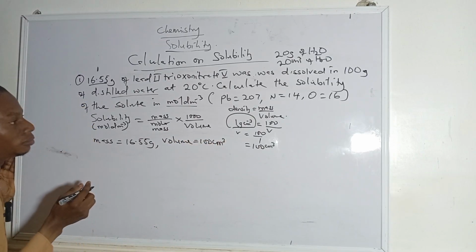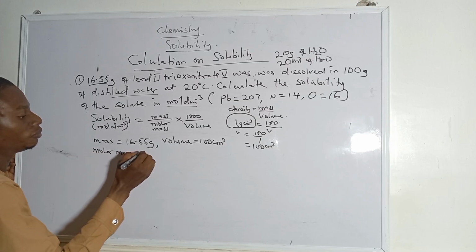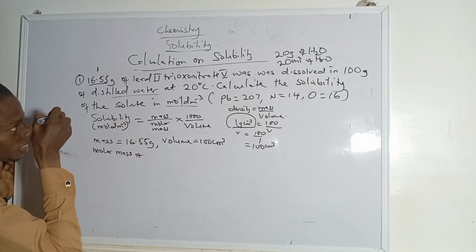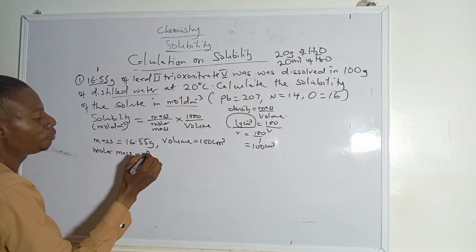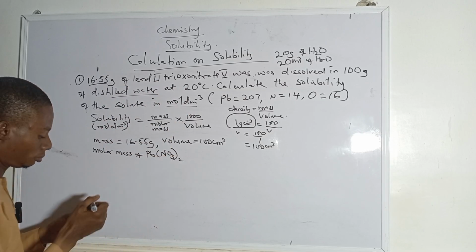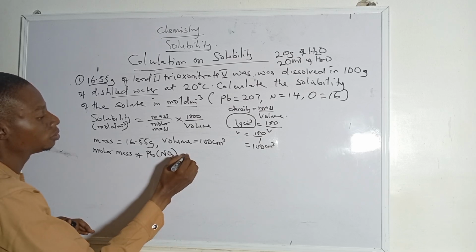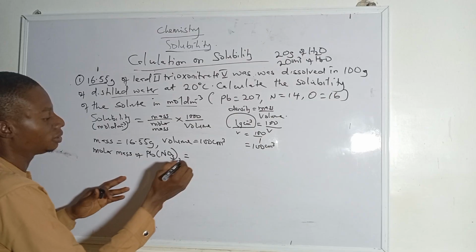So molar mass now. Molar mass of lead(II) nitrate, Pb(NO3)2.